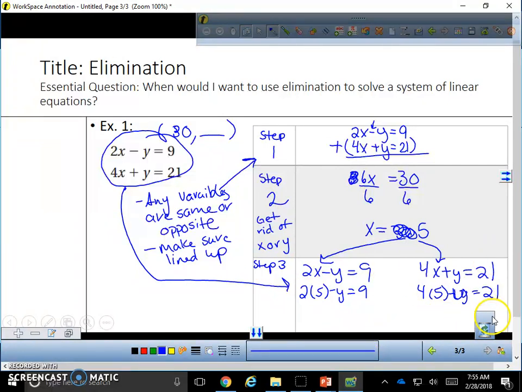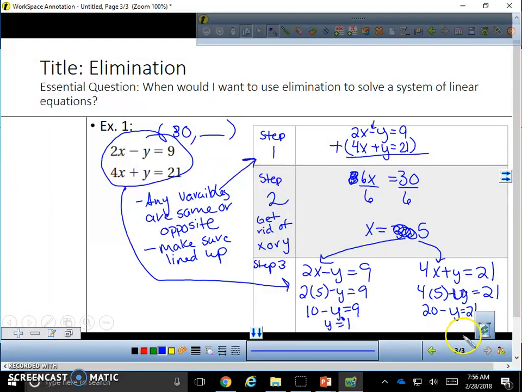All right, now we have to see if we get the same y, then we did everything right. 10 minus y equals 9. So what minus 10 is 9? 1. 4 times 5 is 20. 20 plus what is 21? This is negative 1.